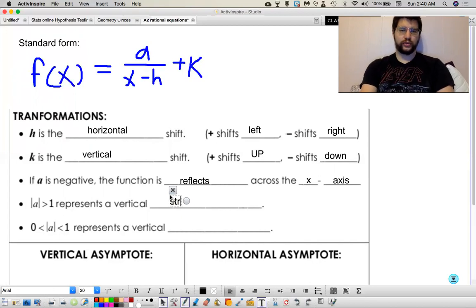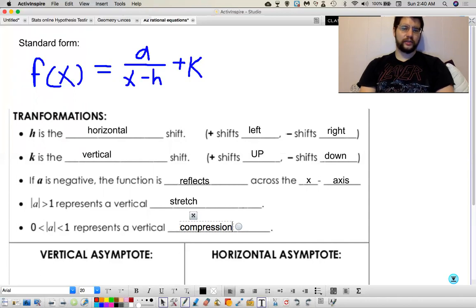And if it's a fraction less than 1, it would be a compression. Just look at the absolute value there. Negatives would be considered reflection or no reflection. So between 0 and 1, that's a compression. Bigger than 1, it is a stretch. If it's negative out here, it's going to reflect over the x-axis.